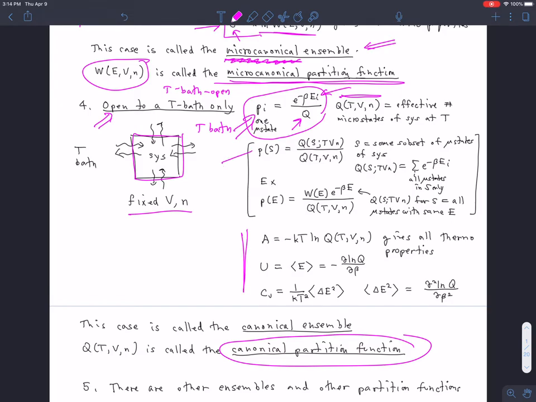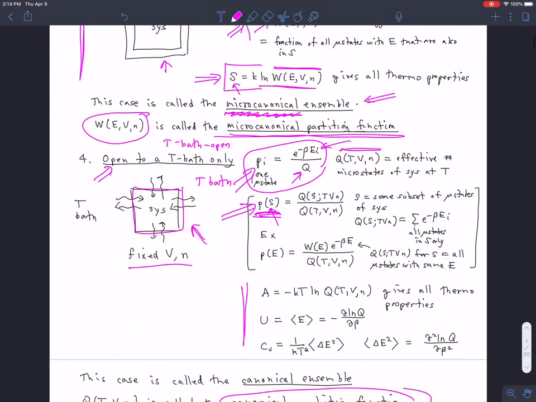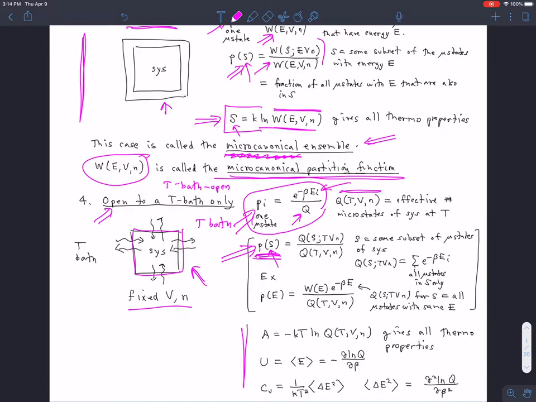I didn't say this stuff before, but let me just say it now. Let's suppose you want to know, for this canonical ensemble, the probability not of a single microstate, but of a set of microstates. Then the formula for that is essentially the same thing as for the microcanonical case up above, except that where you had W's for the microcanonical case, you have Q's for the canonical case.